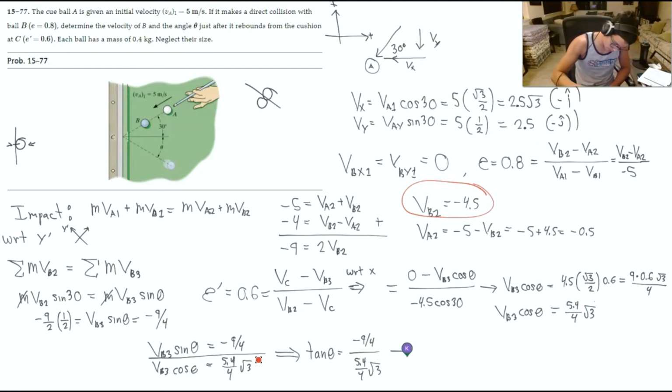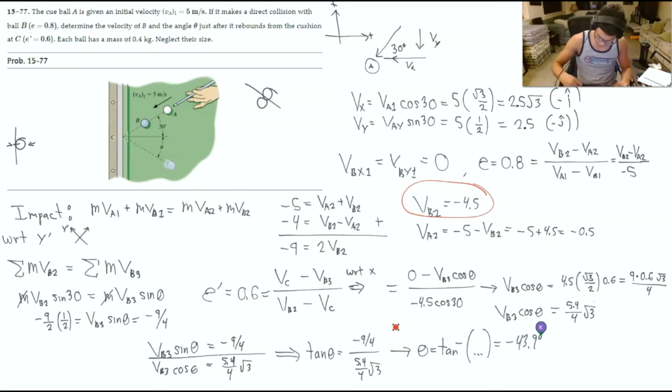And then if we take the tan inverse, where theta is equal to the tan inverse of all that stuff, and I'll get it in a calculator for you guys. Okay, so we get negative 43.9 degrees. So if you were looking at a circle, and we'll just look at this diagram, it'll be from here and then down here. So look, it's literally following the diagram. Right. Okay, and then you can find your velocity, I mean, you can find your scalar speed.